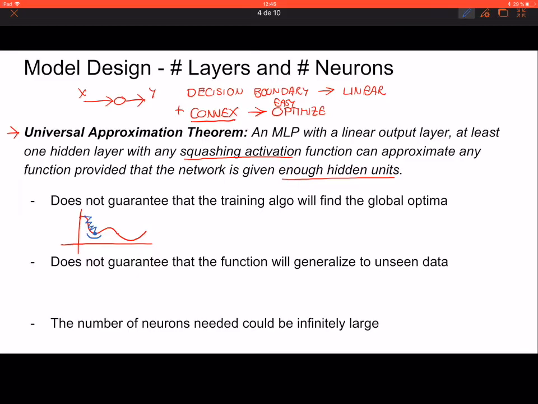And if this happens, then the universal approximation theorem is no longer true, and my model wouldn't be able to approximate any function. Another thing this theorem doesn't guarantee is that the model can generalize to unseen data. We'll discuss this in a minute, but this is related to overfitting.